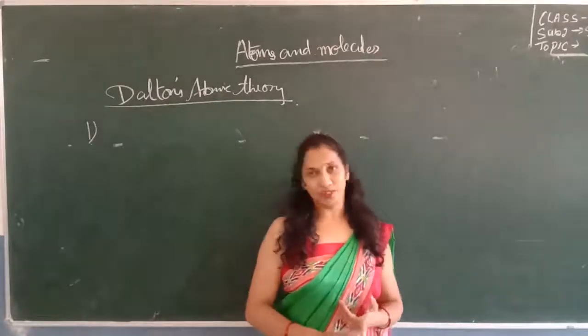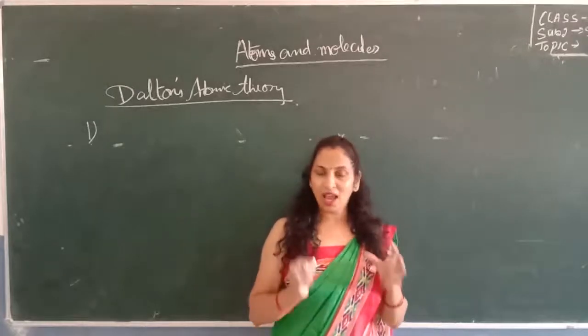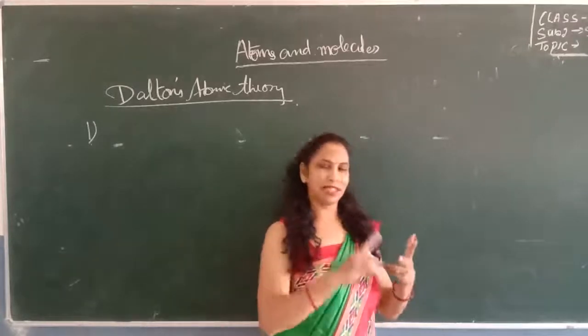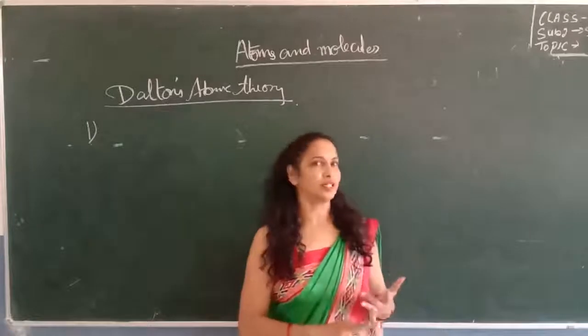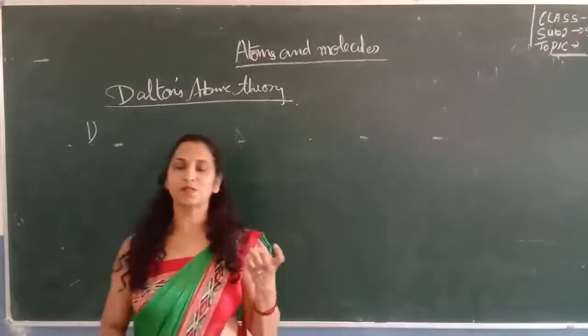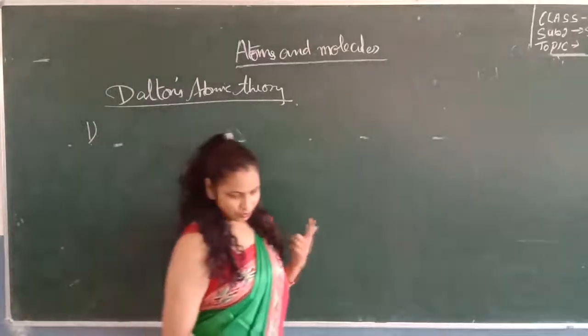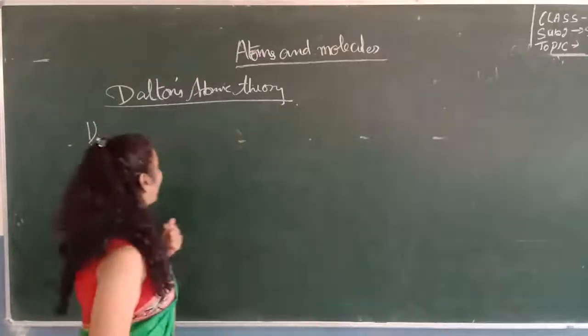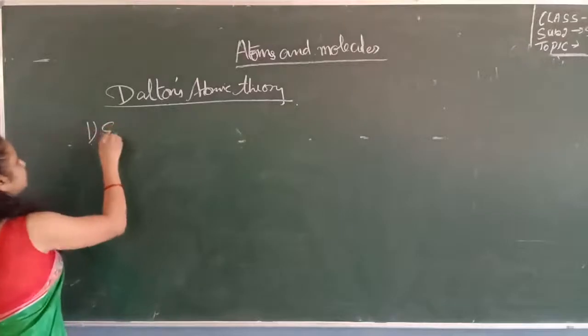So the first point of the theory is every metal, either liquid or gas or solid, is made up of particles, and the smallest particle is called an atom.